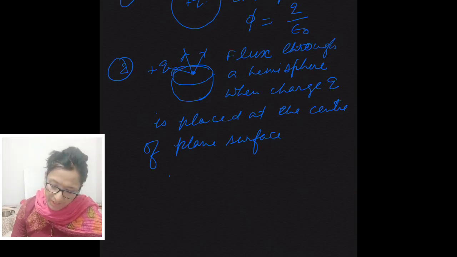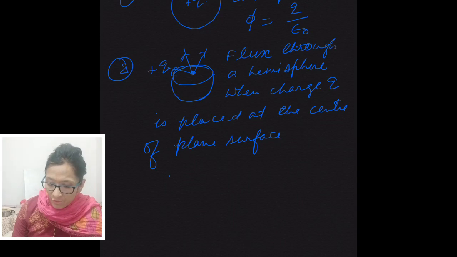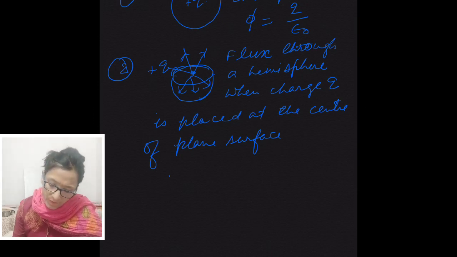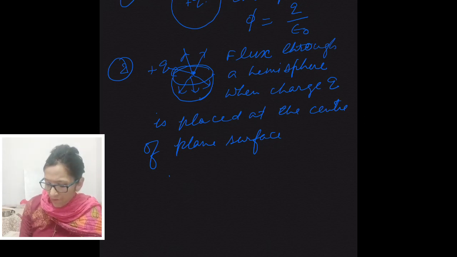Whether you place it on a sphere, inside a sphere, or a hemisphere, or 1/4 of it, the field line has its own nature. It will be emanating in all directions. So you can see that only half of the flux lines are passing through this hemisphere.